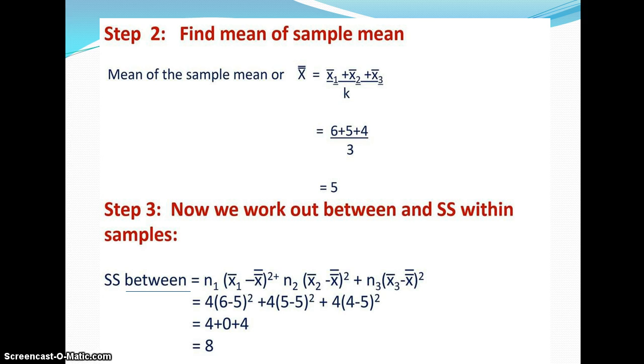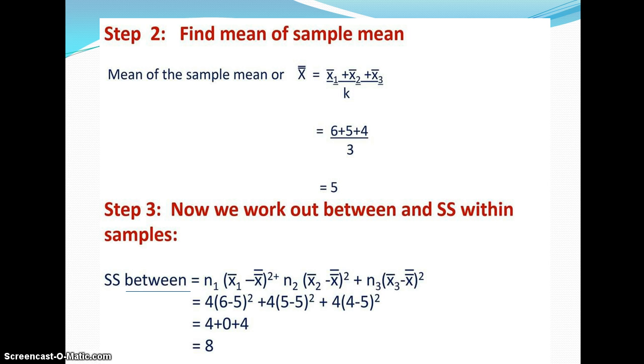X double bar is equal to x1 bar plus x2 bar plus x3 bar divided by k, where k means there are three varieties.